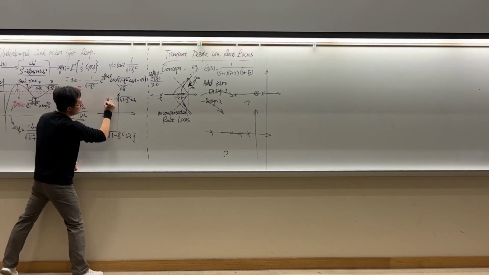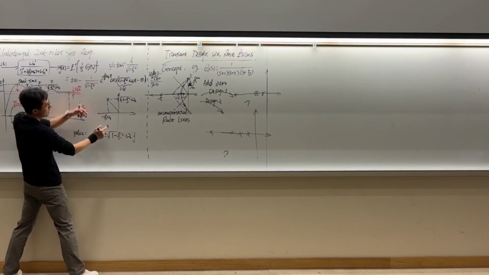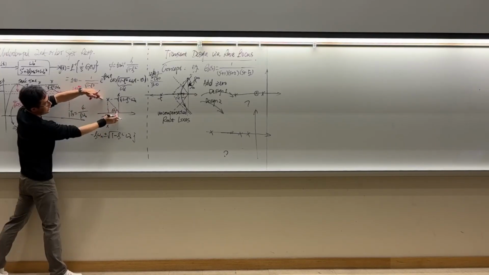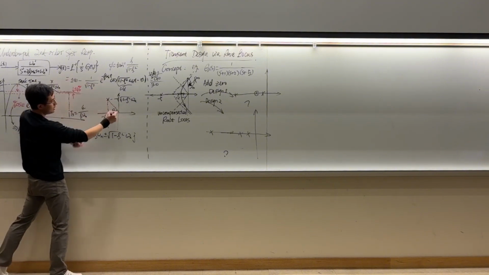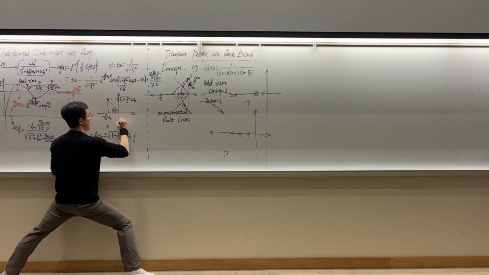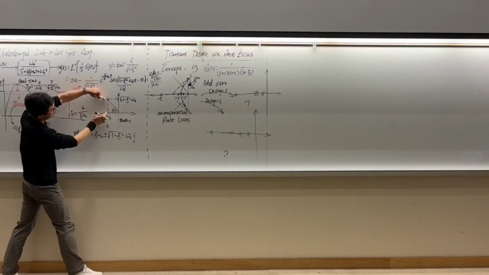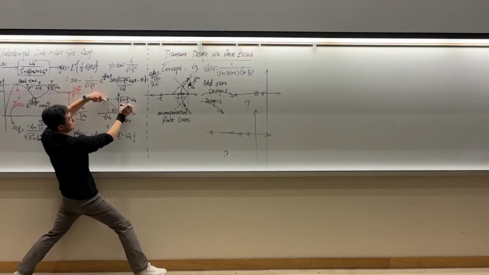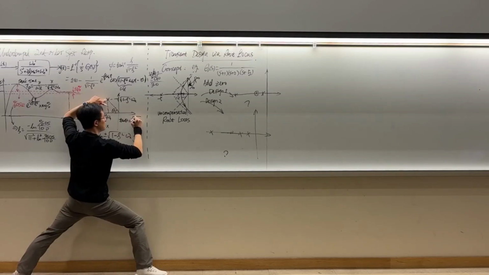More specifically, you can see the tangent of this angle, let's call it theta. The angle of the pole corresponding to the origin indicates, you can calculate, the tangent of this angle is this length divided by this length, so it's going to be square root of 1 minus zeta squared divided by zeta.